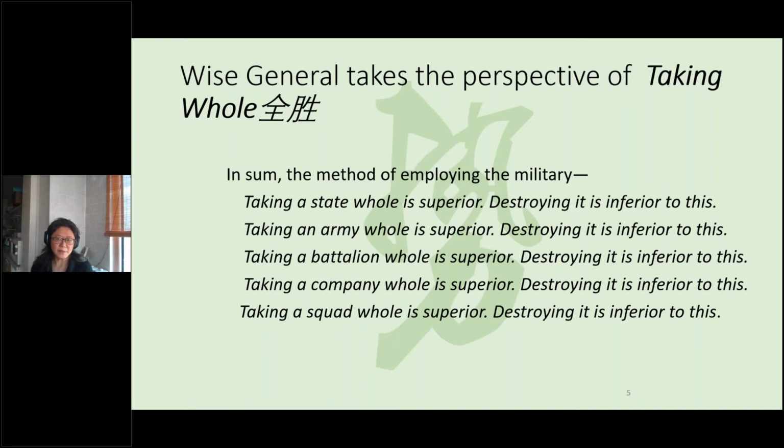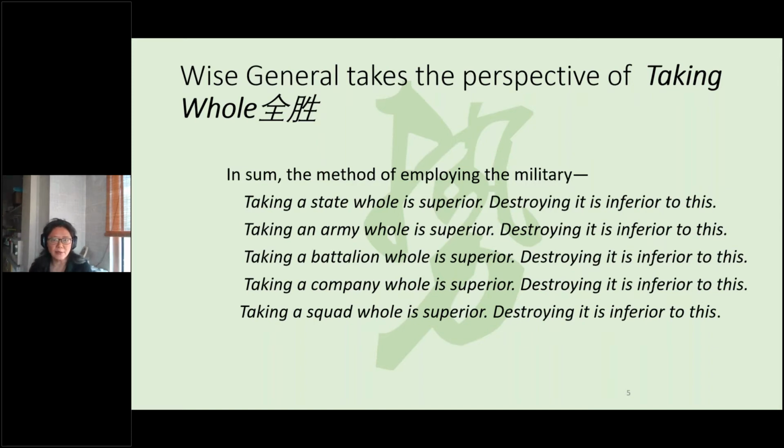The background of taking whole comes from a fundamental, core, and essential perspective that Sun Tzu has about the world and our relationship with the world. And that fundamental perspective is interconnectedness.